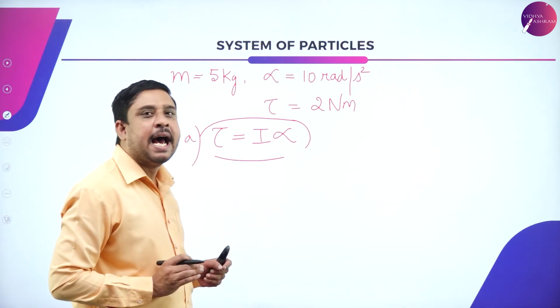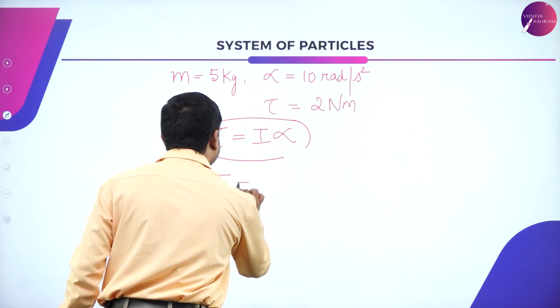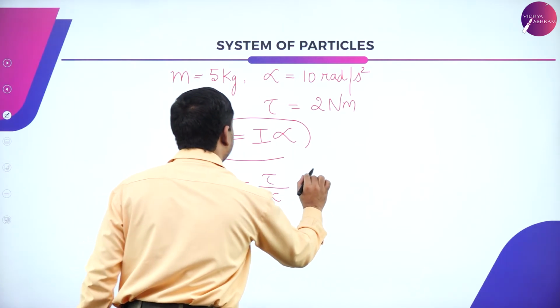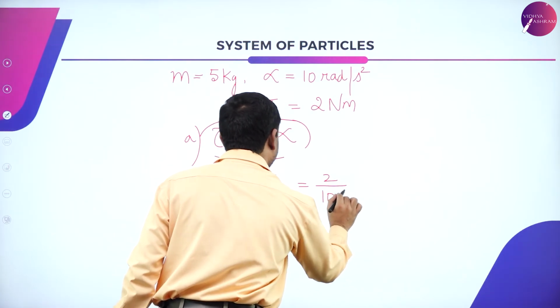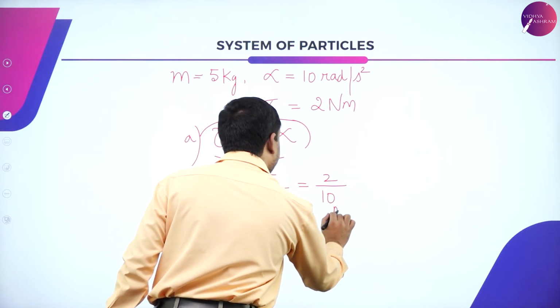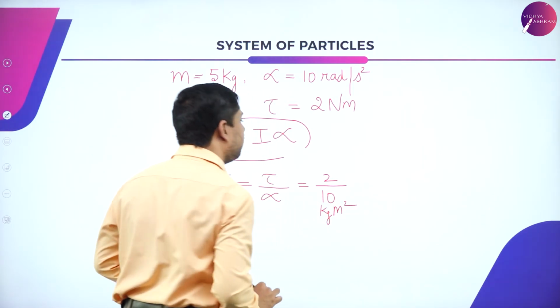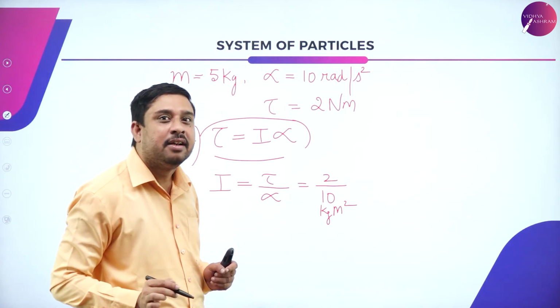Tau is I times alpha, or I is tau divided by alpha. So 2 divided by 10 kg meter square. Now I know what I is.